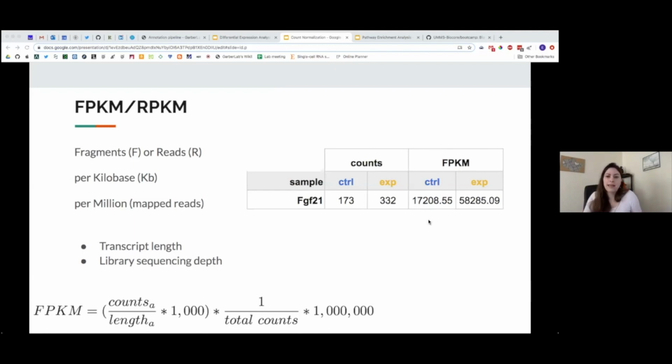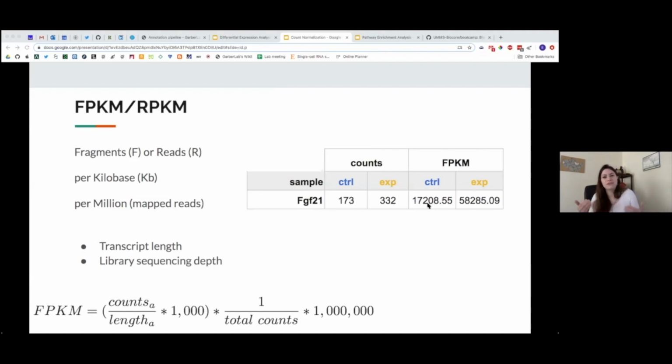And the last thing I want to say is that, okay, you calculated FPKM, so now you have a normalized abundance, but it doesn't really, to me at least, make a lot of biological sense. So for example, it's not very intuitive. So let's say I got 17,000 FPKMs for this gene. What does that really mean?